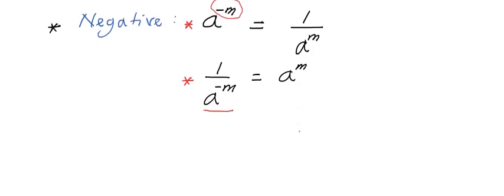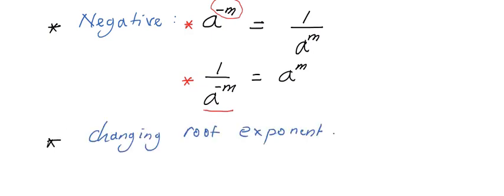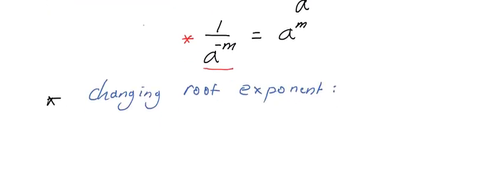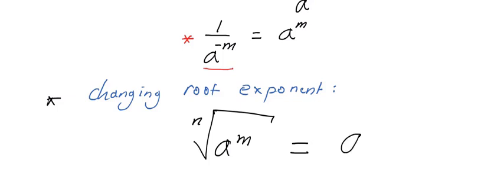Then we have changing from root to exponent. Let's say you have the n-th root of a^m. We are asked to simplify some expression and you come across this. How will you simplify it? You write the base, which is a.